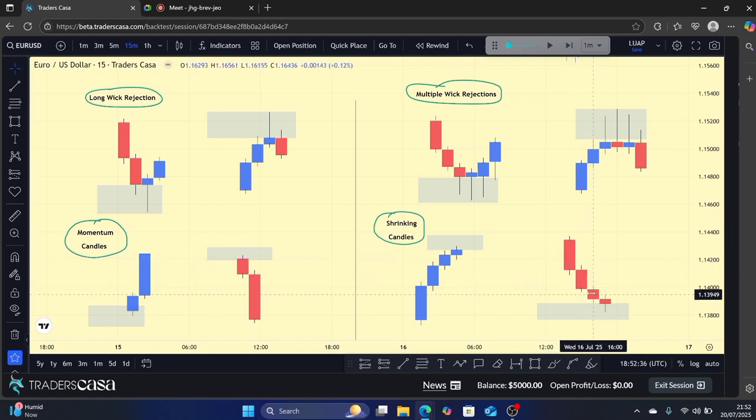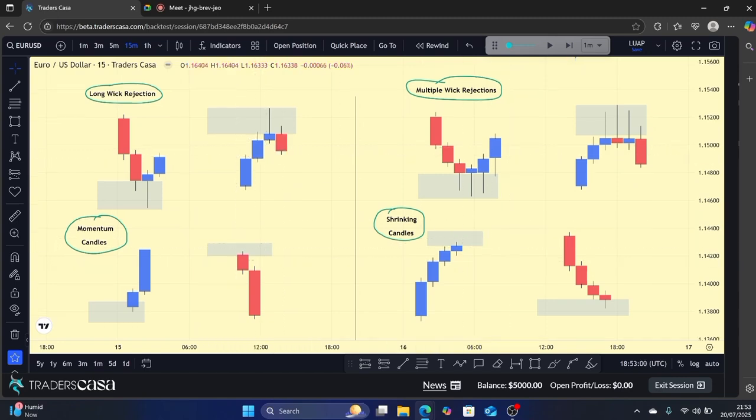This one here is smaller than this, and this is smaller than this. So these candles are what we call the shrinking candles, showcasing that the selling momentum keeps decreasing as price approaches the demand zone. And so that's where you wait for another confirmation, probably a long wick rejection or the ones that I'll be showcasing down here.